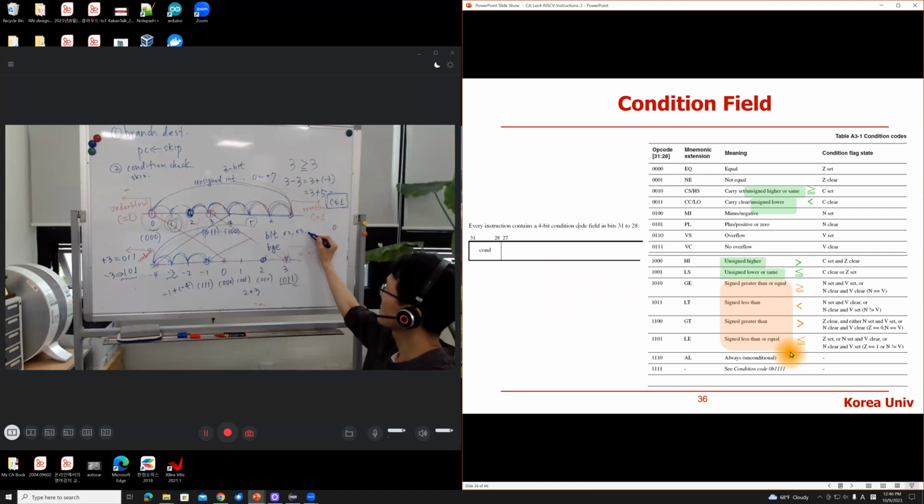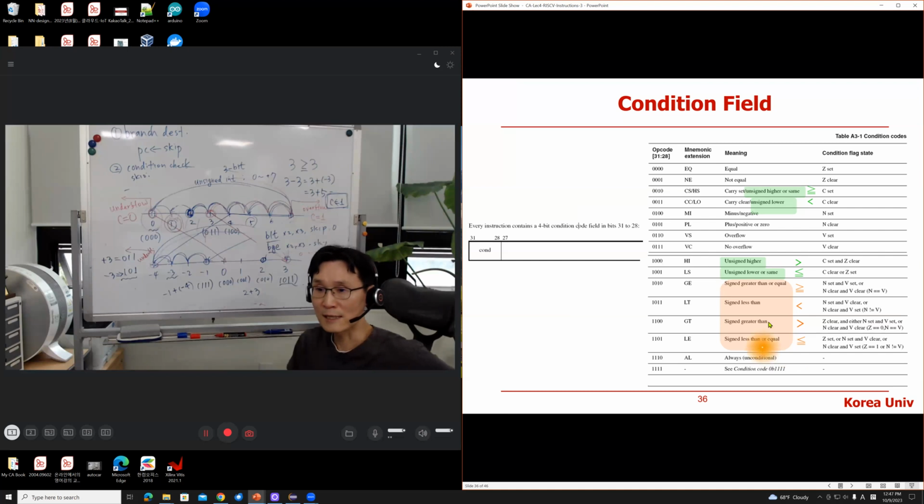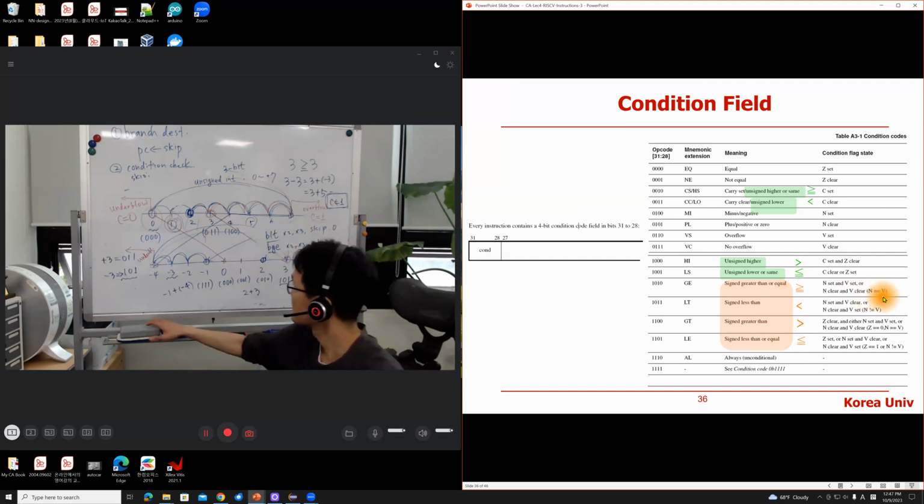For example, BLT x2, x3, skip, and BGE x2, x3, skip. So BLT means less than. If the negative flag is not equal to the V flag, then this condition is met. And BGE, greater than or equal, is when these two, the negative flag and V flag, are equal, right?